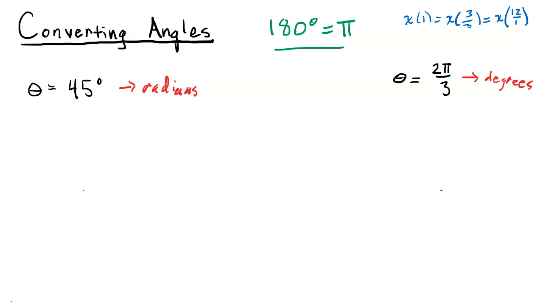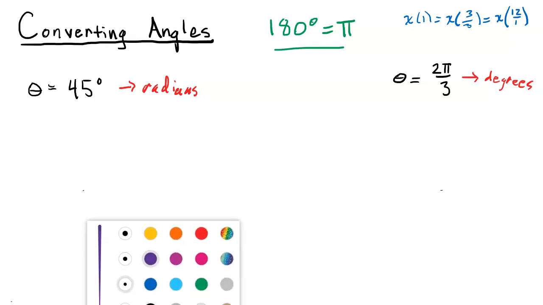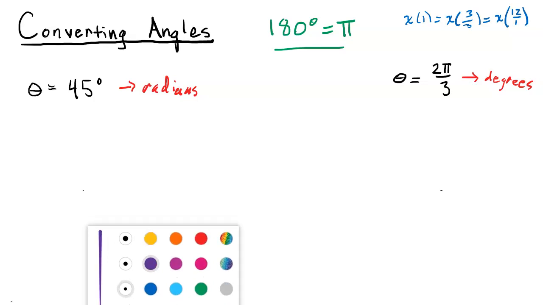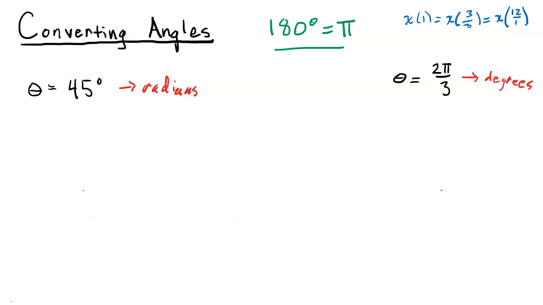Now, if we look at our examples that we've written down, so theta equal to 45 degrees. Well, we're going to multiply it by 1, but our 1 in this case is going to be pi over 180 degrees. Whenever you are trying to change the units of some measurement, you want to make sure that you divide by the entity that has the same measurement.